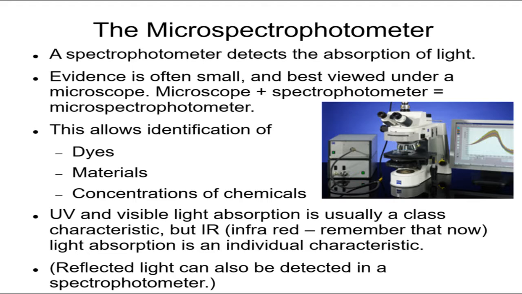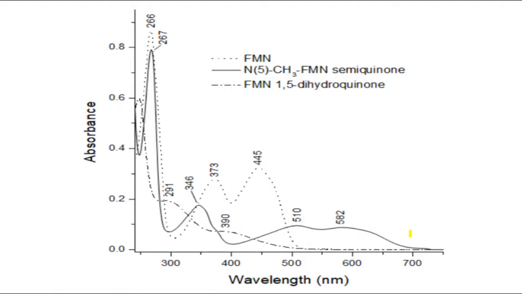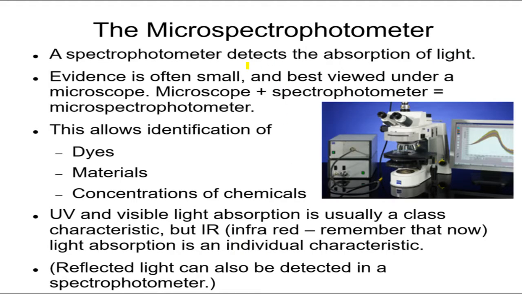Just like over here, we send light of different wavelengths, and we see where it absorbs, and we'll be able to identify the object. It's the same thing, but when it has to be very small, like a tiny piece of matter, a fiber, or a tiny grain, we need a microscope.